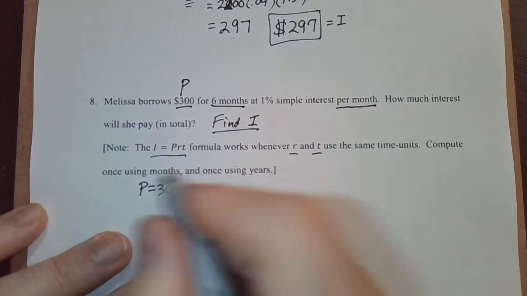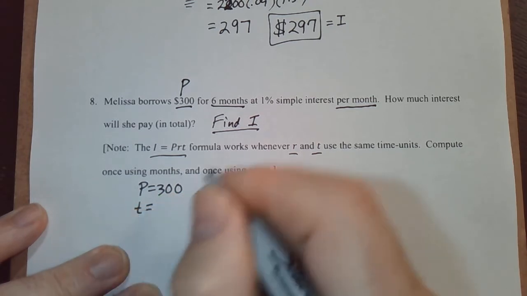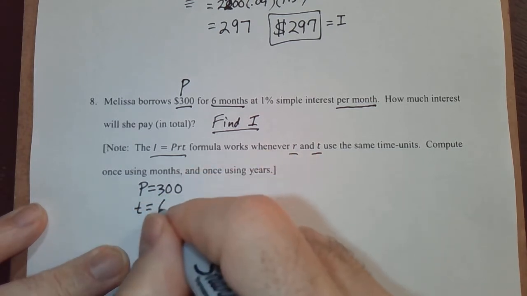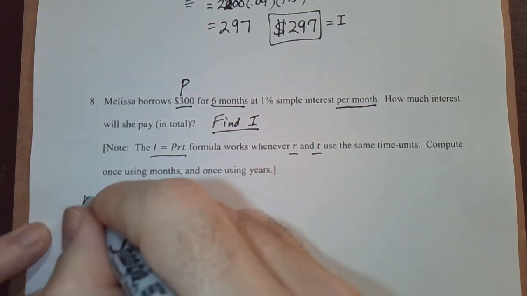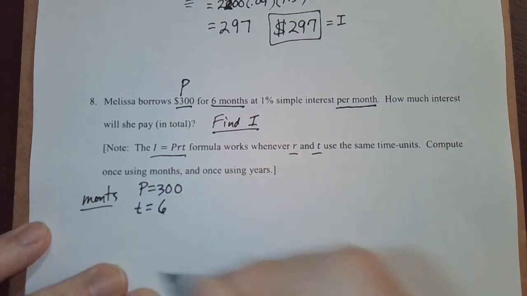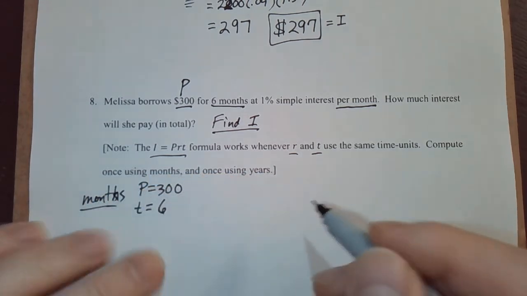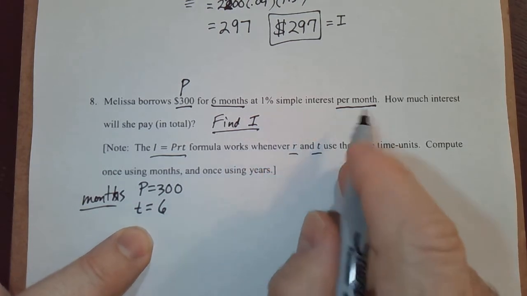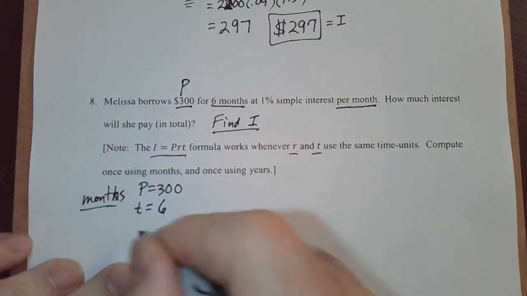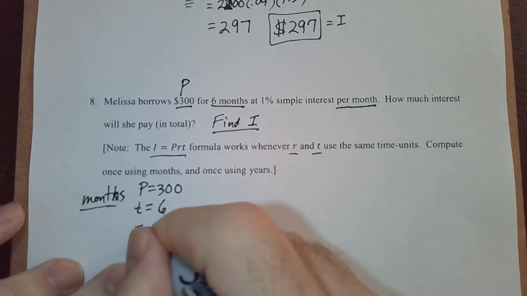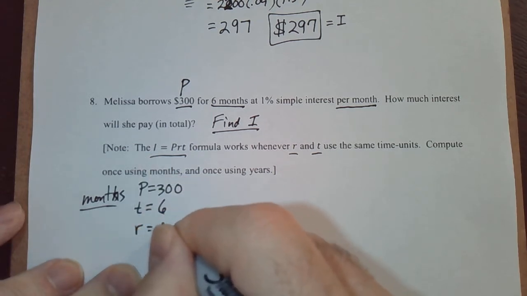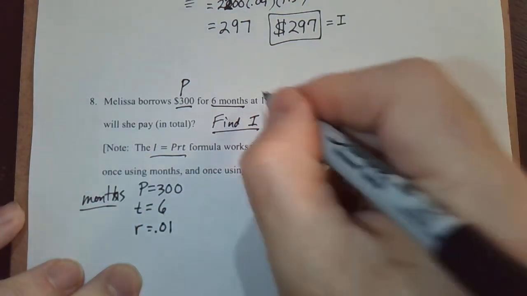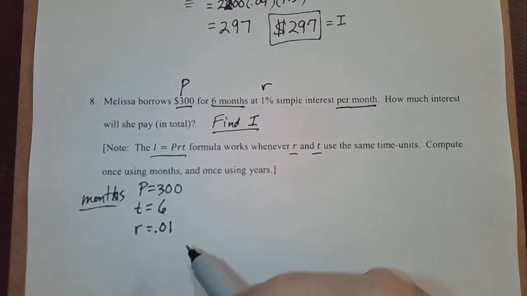That's our time, that's our T, and we'll stick with months this time, and then we'll go to years the next time. 6 months at 1% simple interest per month, so our rate is 0.01. That's 1%. Again, we're doing this in months. So how much interest is she going to pay in total?